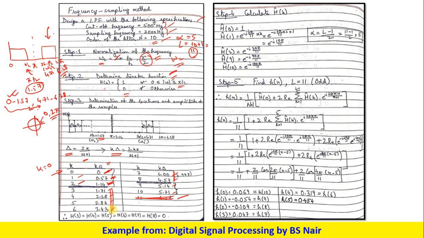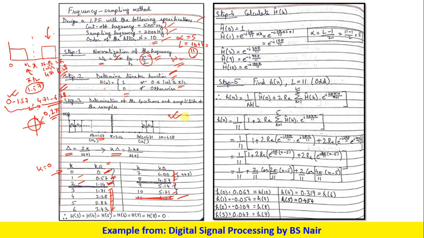Then again 9 and 10 fall within the pass band range. So these are the positions of the sample frequency components that will be considered while designing the filter.